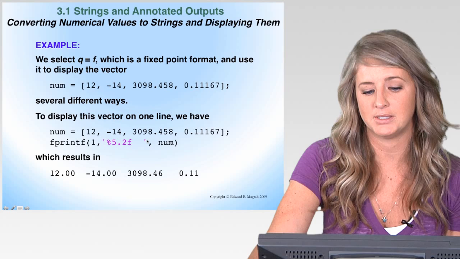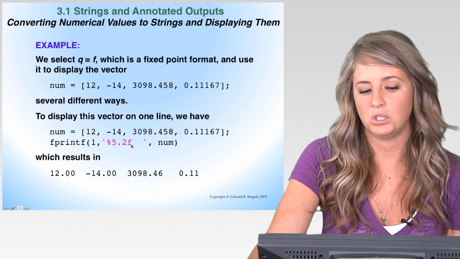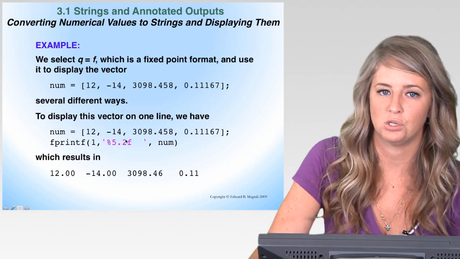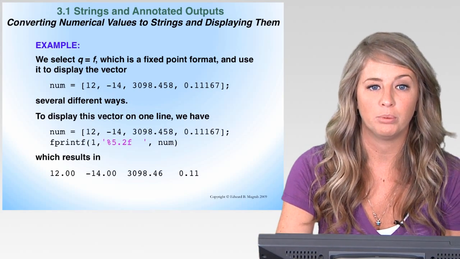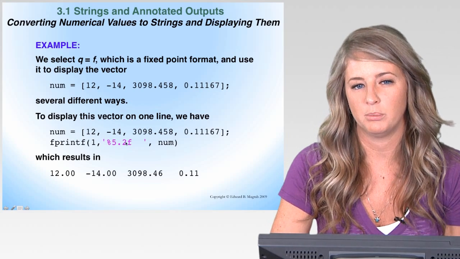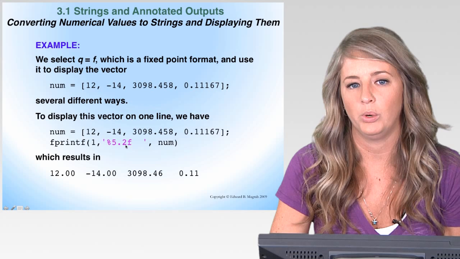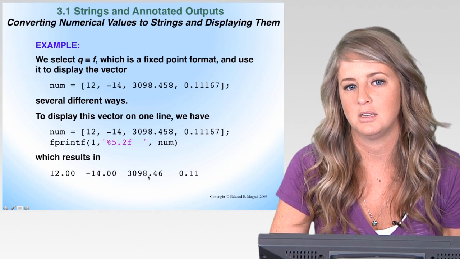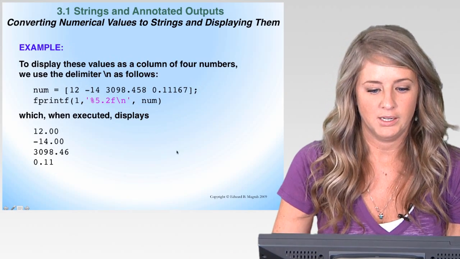So we have, again, the single quotes, the %, and then 5.2f. f is pretty much the standard formatting specification that you'll use in this course. If you want, you can do help for fprintf, and it'll let you know what the other options are, but typically just f is going to be the standard one you're going to use. So then you can see this .2 here says to display 2 places after the decimal point, which you can see that we have. So that's all that.